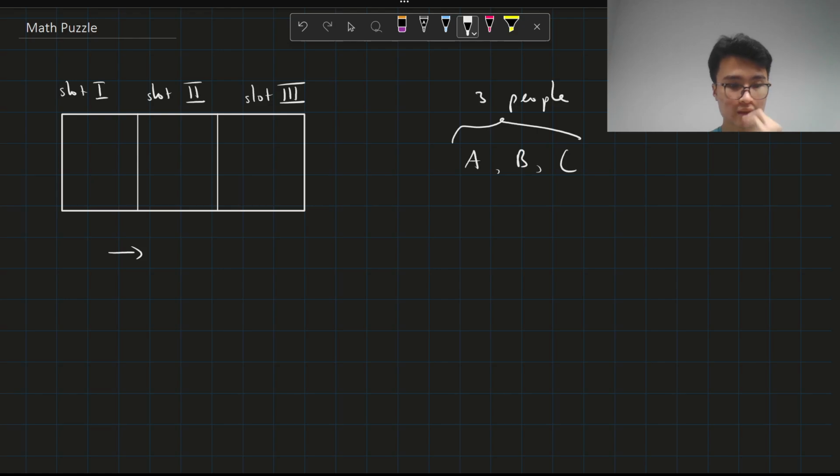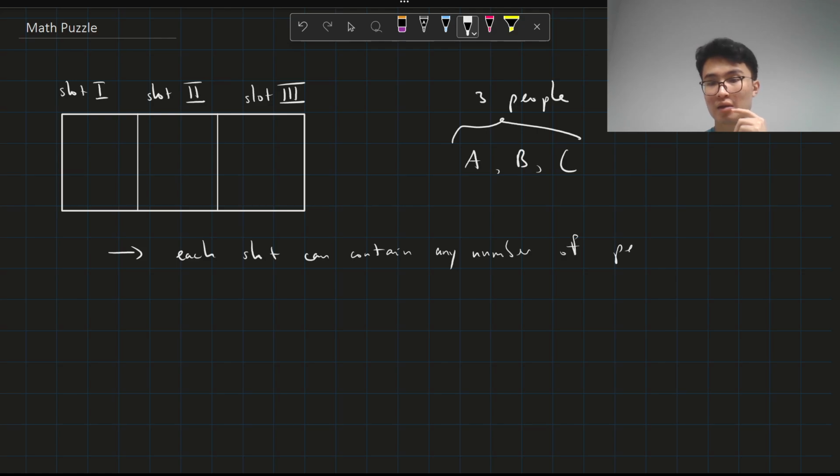The first rule is that each slot can contain any number of people.